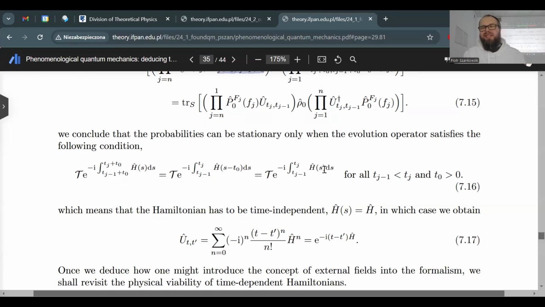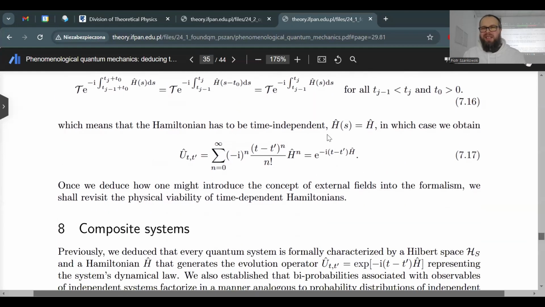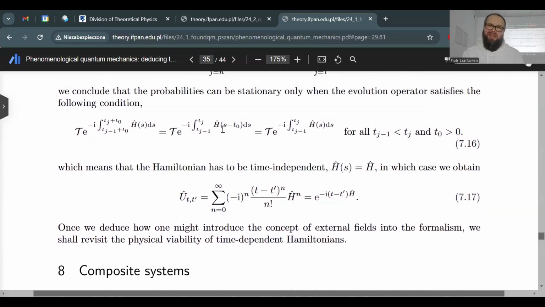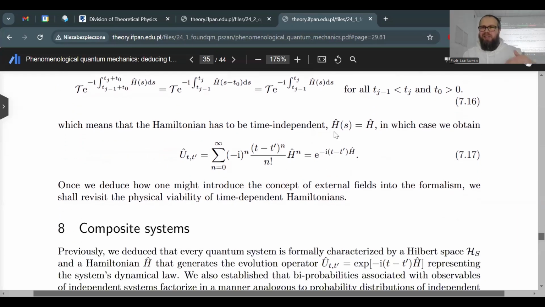But this means that the Hamiltonian has to be constant, essentially. Only for constant Hamiltonians this can be satisfied for all timings. So we conclude that to have stationarity, the generator of evolution has to be a constant Hermitian operator.